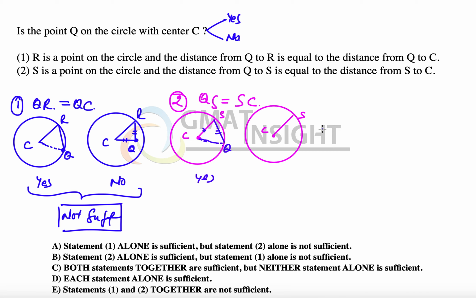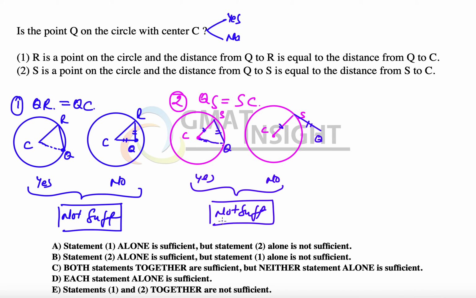But the second possibility is that Q could be anywhere in the space at a distance equal to the radius of the circle, so the second possibility of Q that we can draw is somewhat like this, where this line has the same length as this line and Q is not on the circle. So again the second statement alone is not sufficient to answer the question.